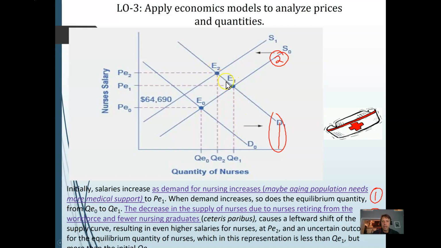What that did is it actually brought the quantity of nurses down, but still drove the price, or the salary that nurses earn, even higher. And it is possible that that shift could have been so extreme up here that we got back to that original quantity and an even higher salary for nurses.